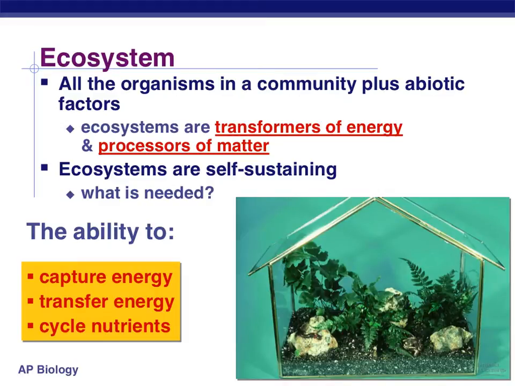Ecosystems tend to be self-sustaining, but they do have some needs. They're going to have to be able to capture energy in some form. That energy has to be able to be transferred from one thing to another, and nutrients must be able to be cycled through all parts of the ecosystem. Once these three things are being met, that ecosystem becomes self-sustaining.